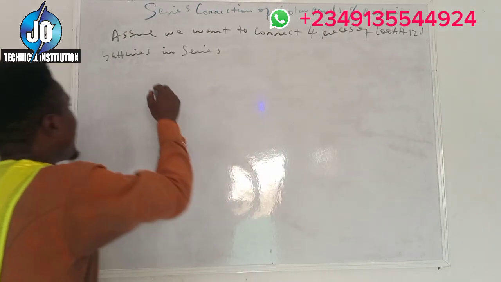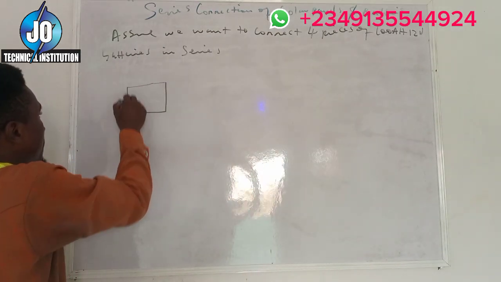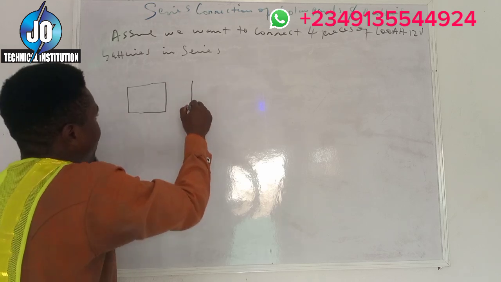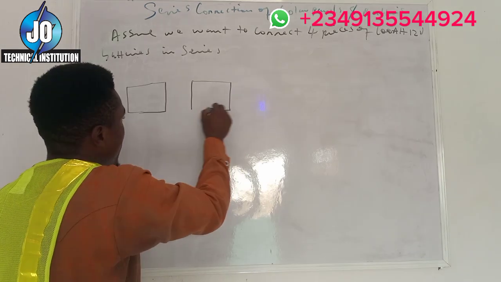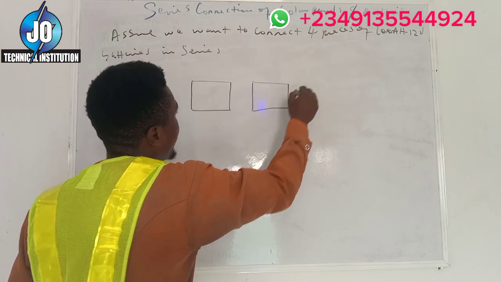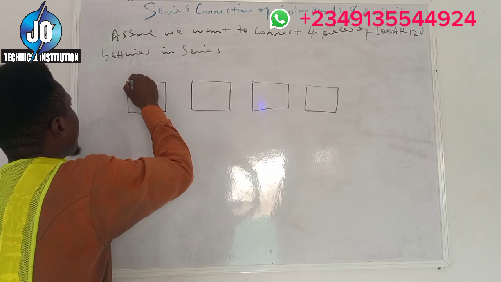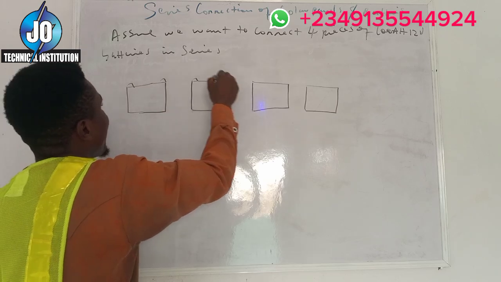So if we have these 4 batteries this way, this is battery 1, this is battery 2, this is battery 3, and this is battery 4. Remember, each battery has a positive and negative terminal.